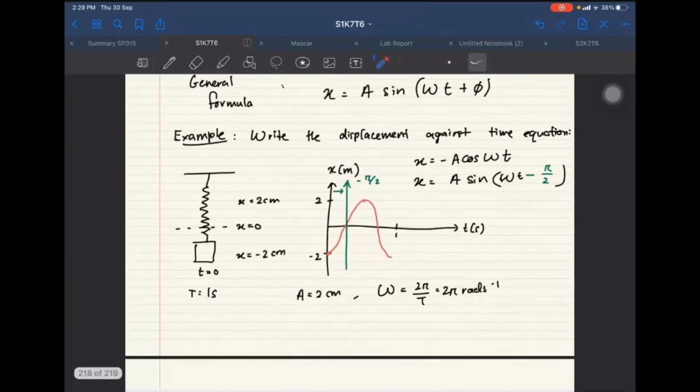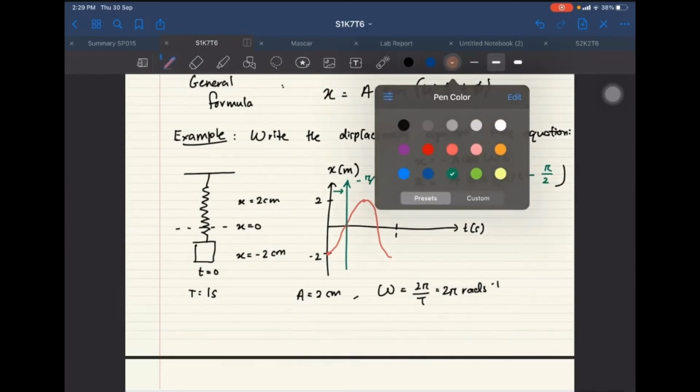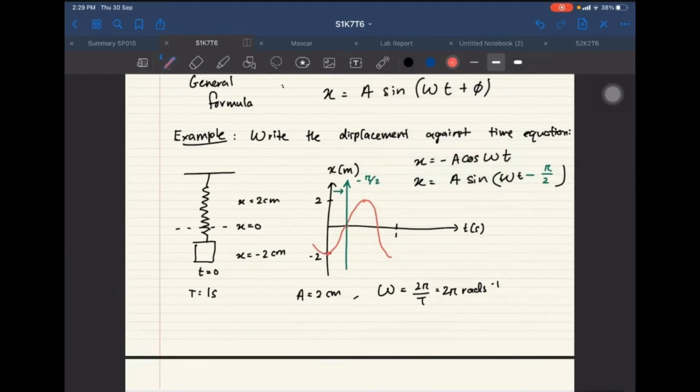And then, continuing what I said earlier, if we extrapolate this graph backwards, it will eventually look like a sine as well back here, right? This one you can also move the graph, move the axis backwards.